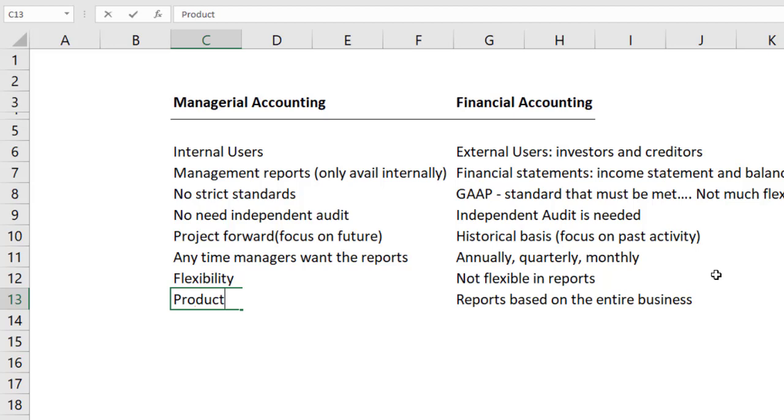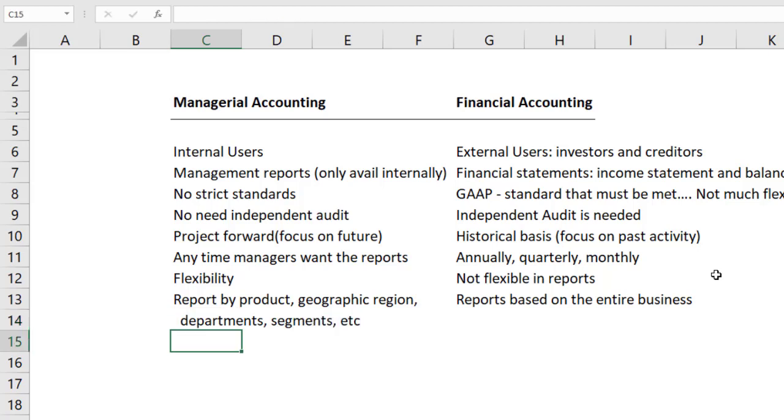Maybe they want to see the reports by geographic region. In other words, the businesses in the north, businesses in the south, businesses in the east, and so forth. Maybe they want to see the business split up by departments, or maybe split up by segments, etc., because managers can split the business up and look at reports any way they want.